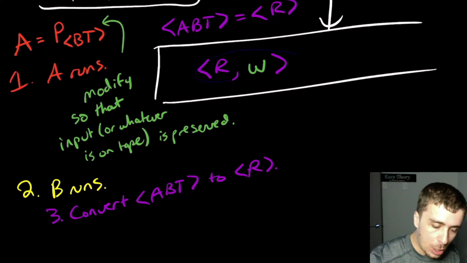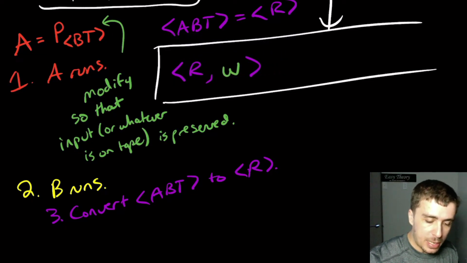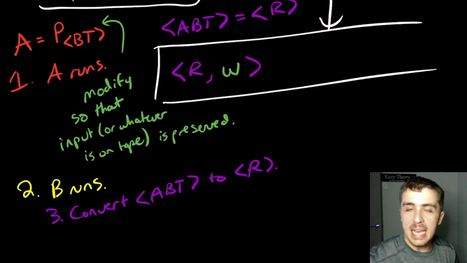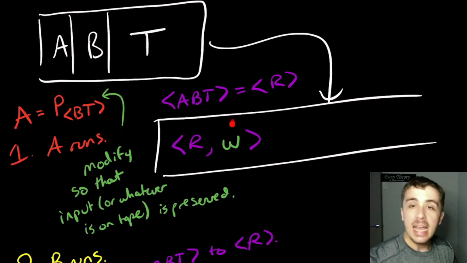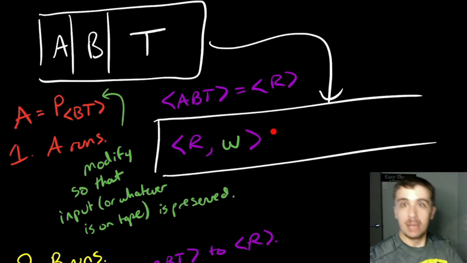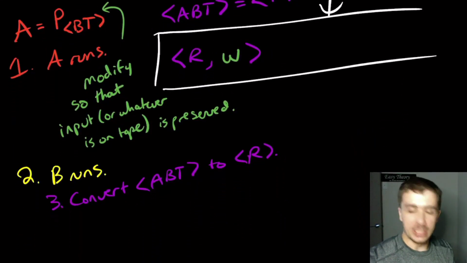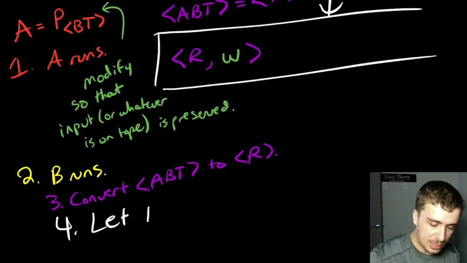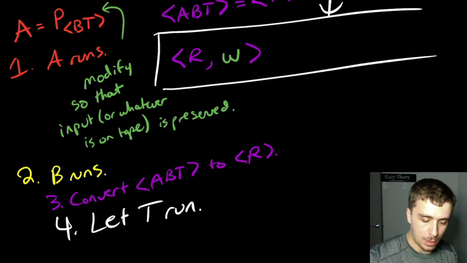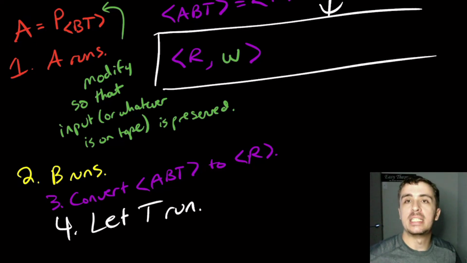Now this is on the tape, and remember the T function corresponding to the Turing machine called T takes a Turing machine and an input and computes whatever function. So we now hand control over to T, which is the final step. So let T run with the contents of the tape right now, which are R and W.